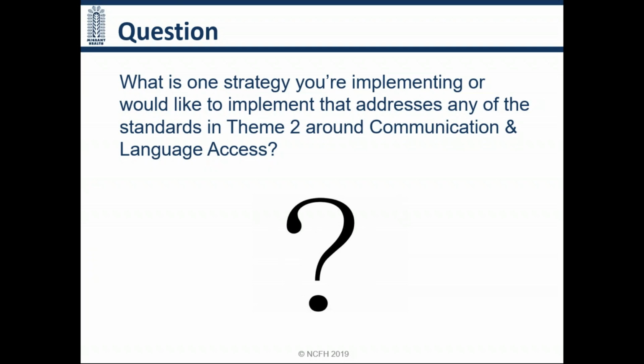But I'd like to find out from you if anyone's experienced this and how you handle that. We'll continue moving, but we'll keep an eye on the chat and see what you're doing for that particular question.